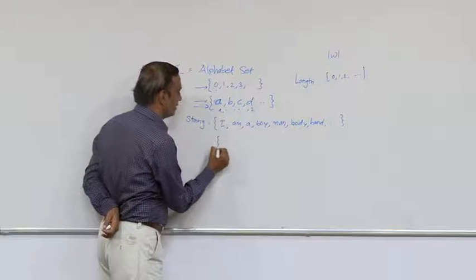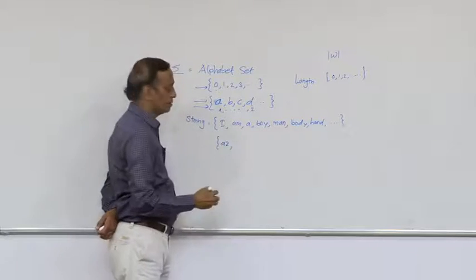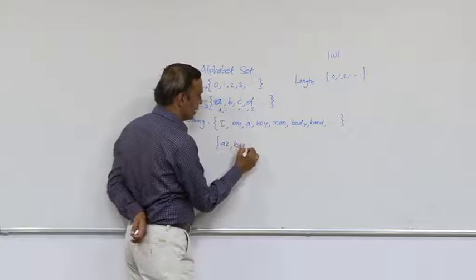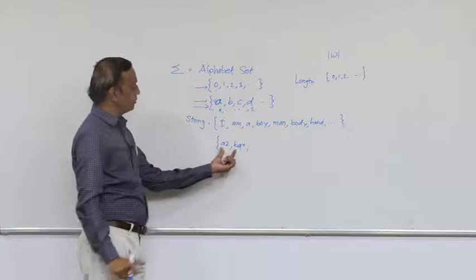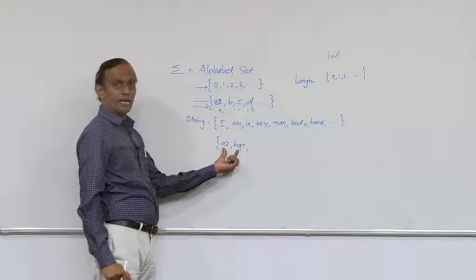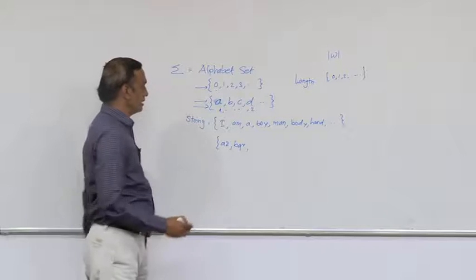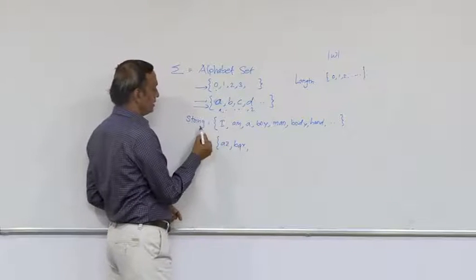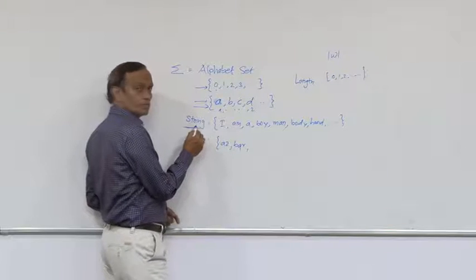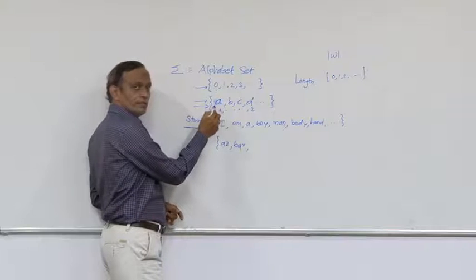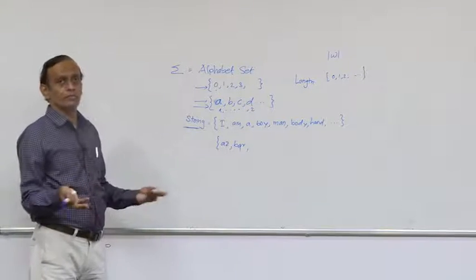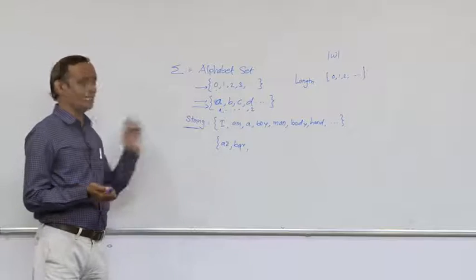Say for example, I may say AZ, BQR. Now these may not be words which can be found in the English language. So this set of strings which can be generated over this set can be a very big set, which could be an infinite set.